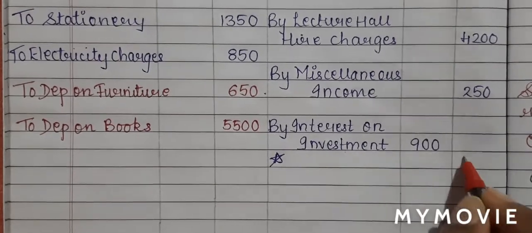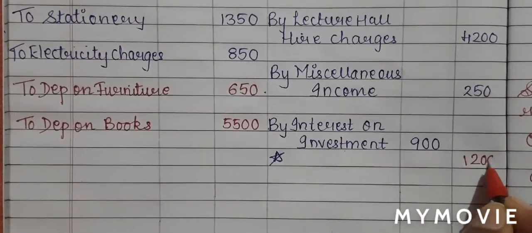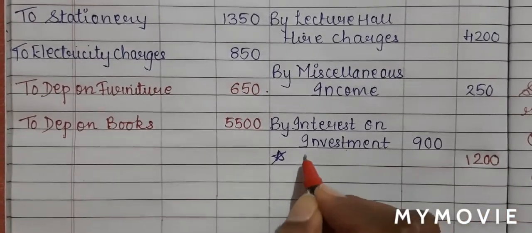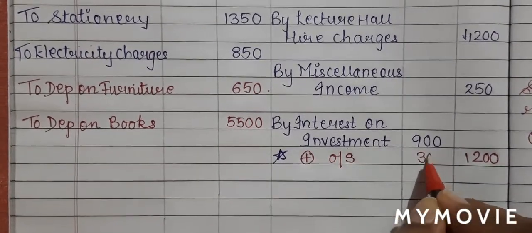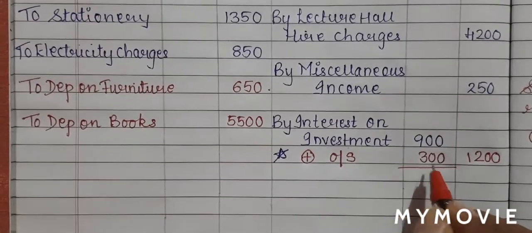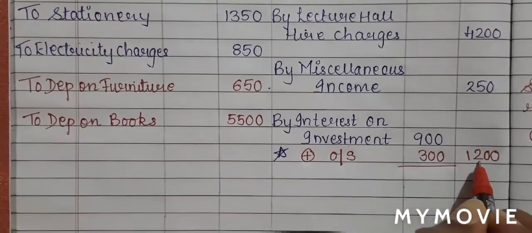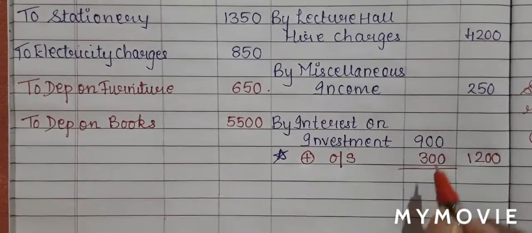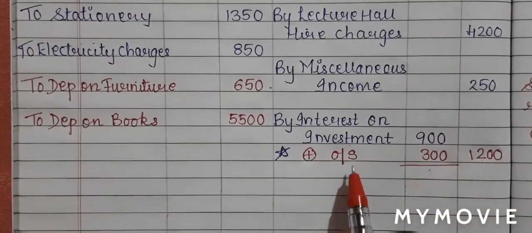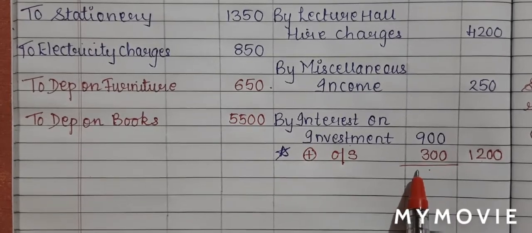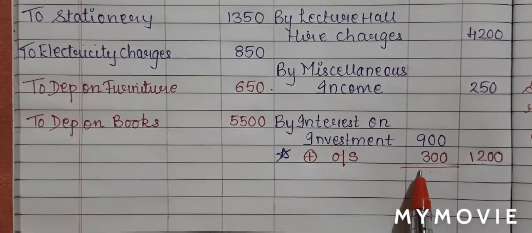So I will write 1200 in the outer column, and add outstanding. I have an outstanding of 300 rupees. Now how did I get this 300? 1200 minus 900 will give me 300 rupees. So 300 rupees is an outstanding interest on investment. This is my first effect.